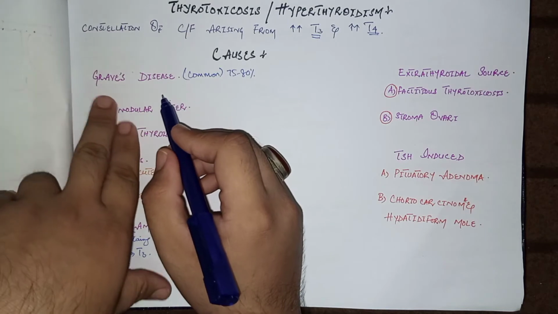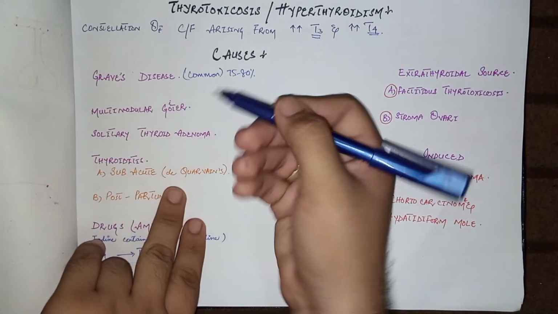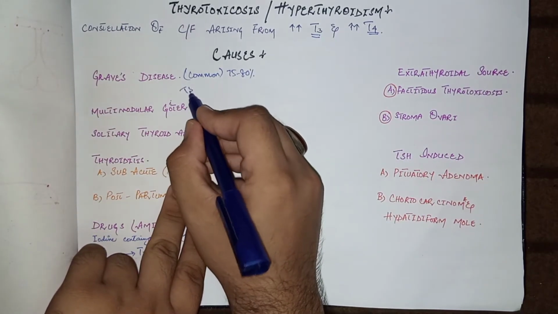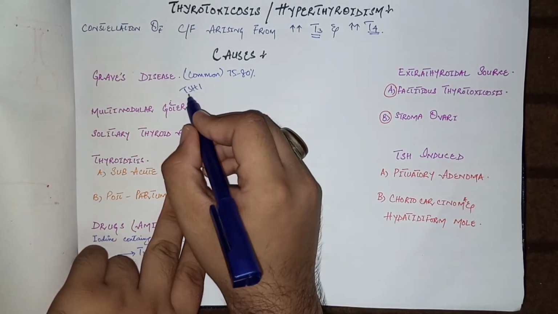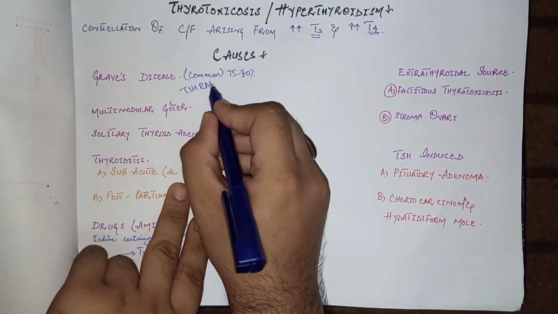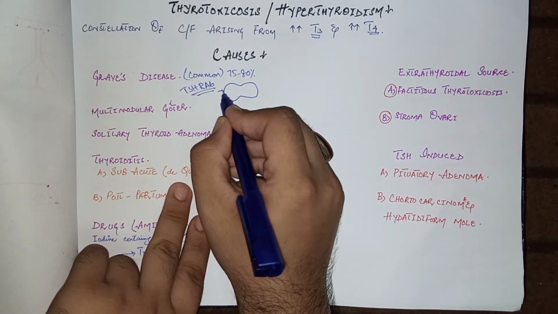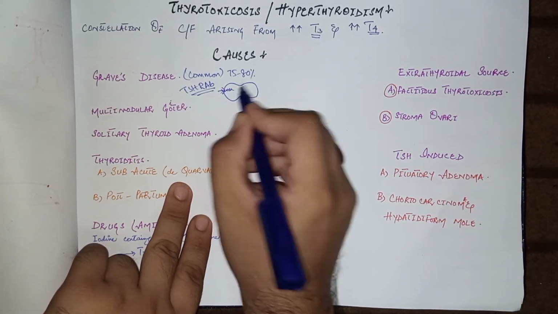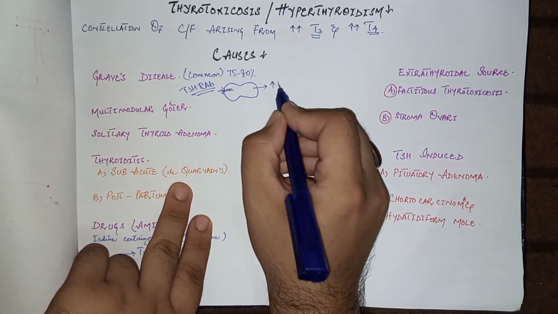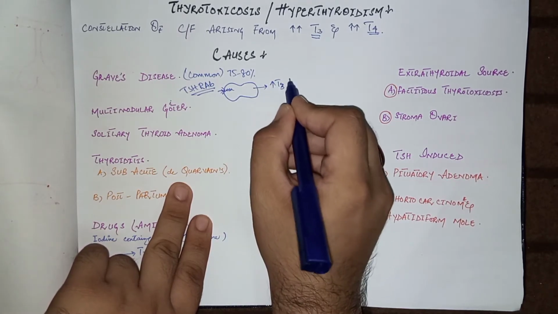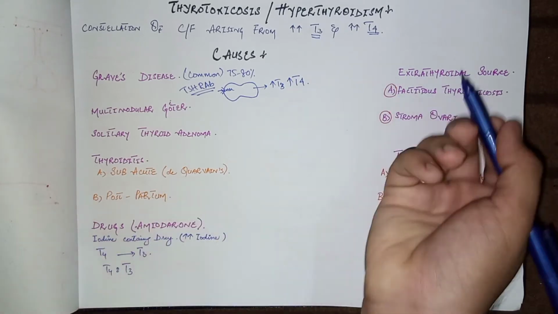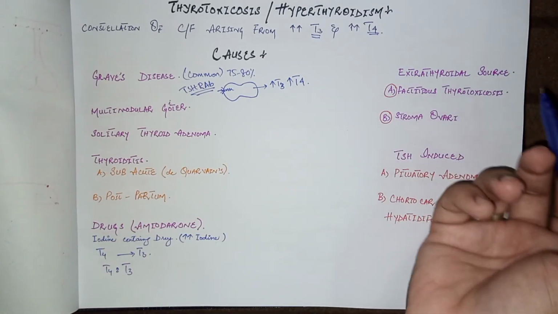In Graves' disease, autoantibodies are formed against TSH receptors, TSHRAb. These are the antibodies which act on the thyroid gland, on the TSH receptors. As a result, there is overproduction of T3 and T4, and it increases the thyroid hormone levels in the blood.